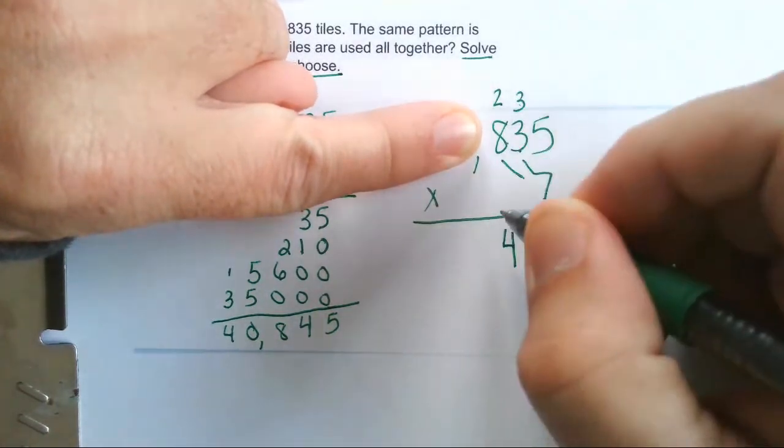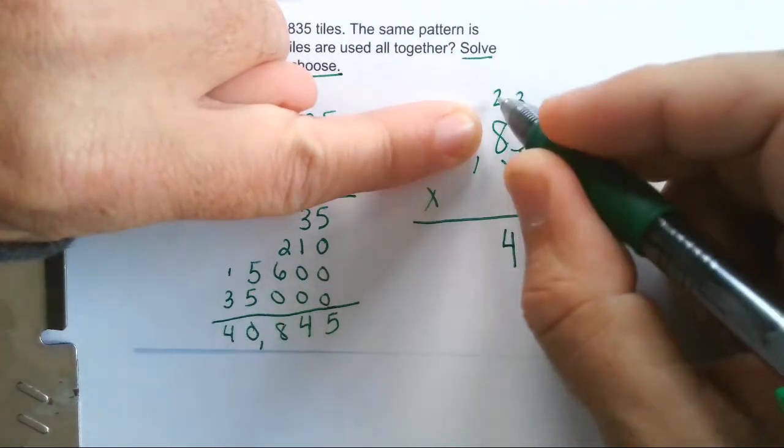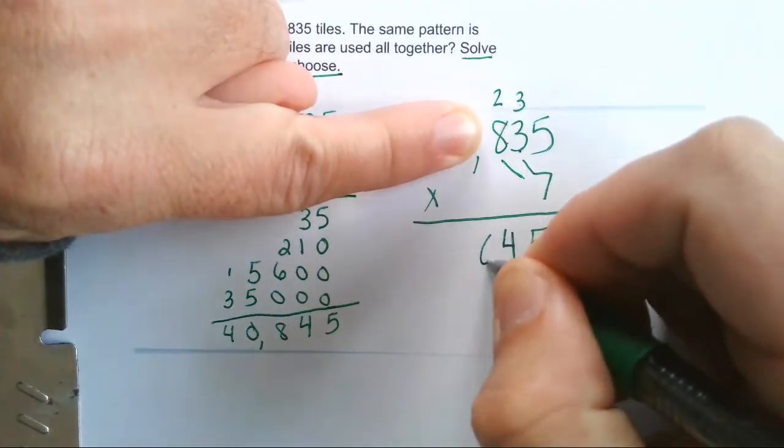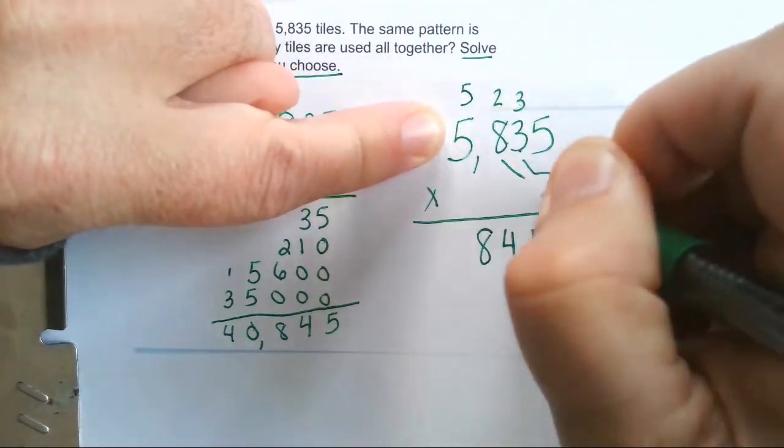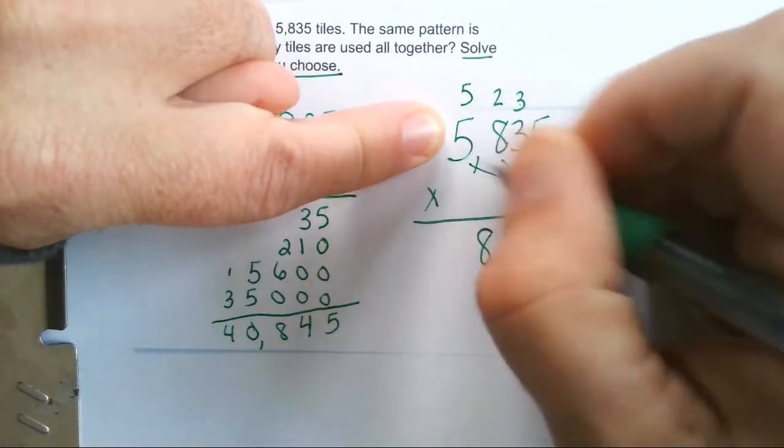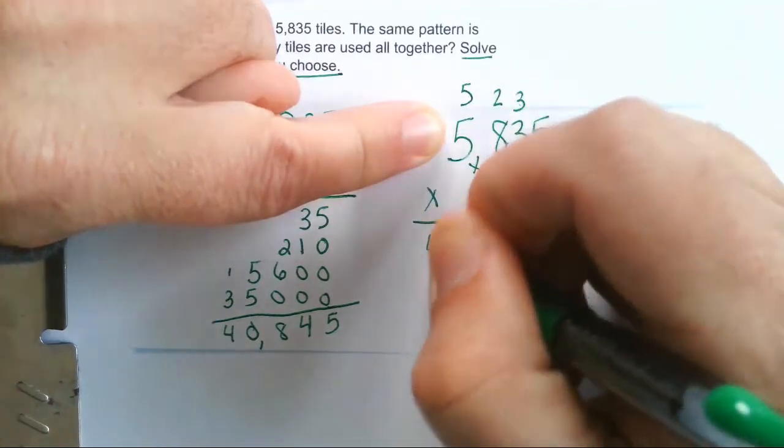It's 56, but don't forget to add your 2, so it's really 58. Carry your 5. 7 times 5 is 35, plus 5 is 40.